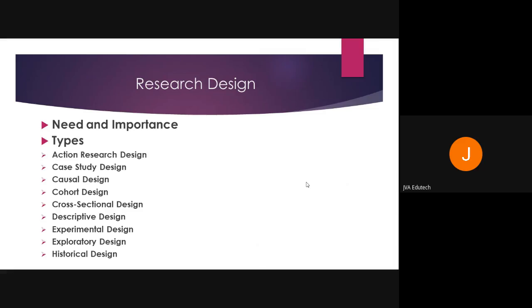And the function of the research design is to ensure that the evidence that you have obtained enables you to effectively address the research problem.